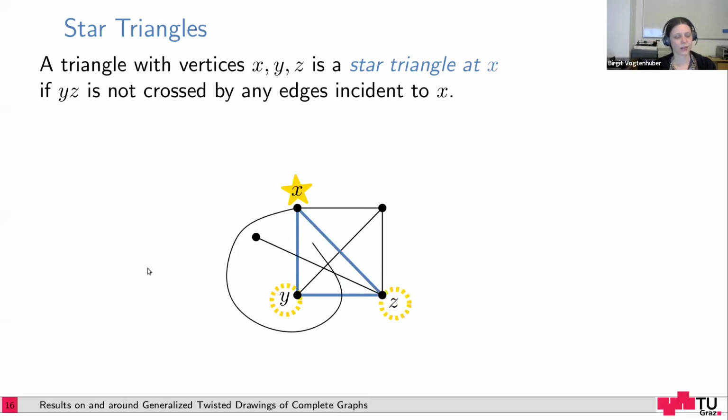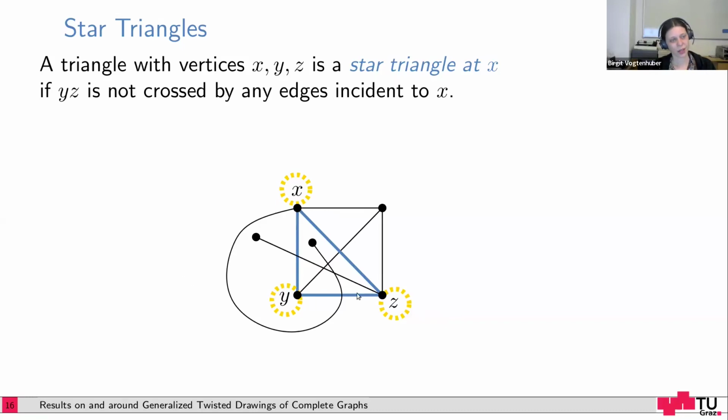If we add this edge from z going out through the edge xy, then this triangle is not star at z anymore. And if we add this edge plus the vertex incident to x, then this triangle is not a star triangle at any of its 3 vertices. So triangles don't have to be star triangles at any of their vertices.